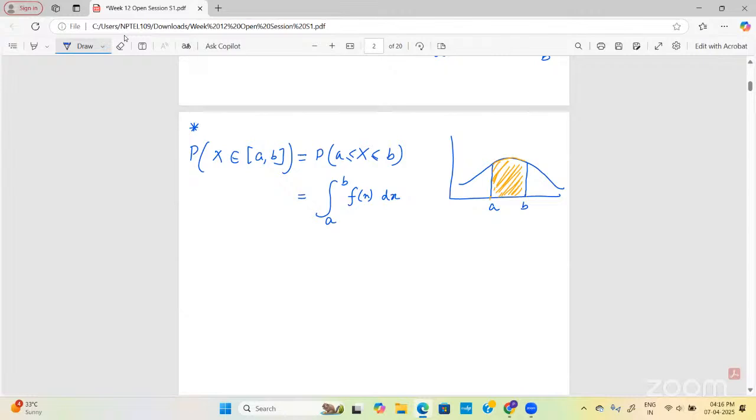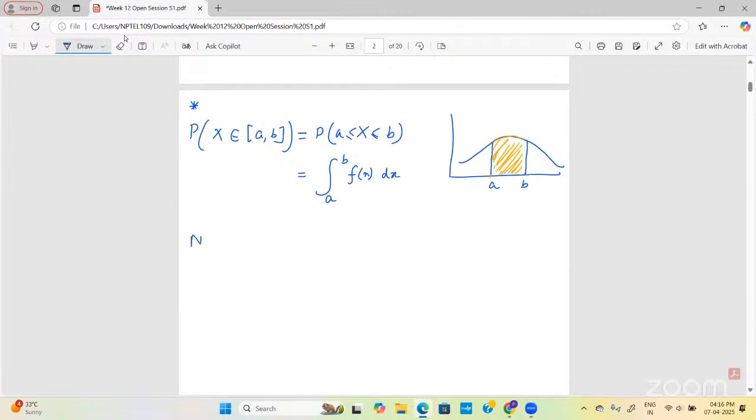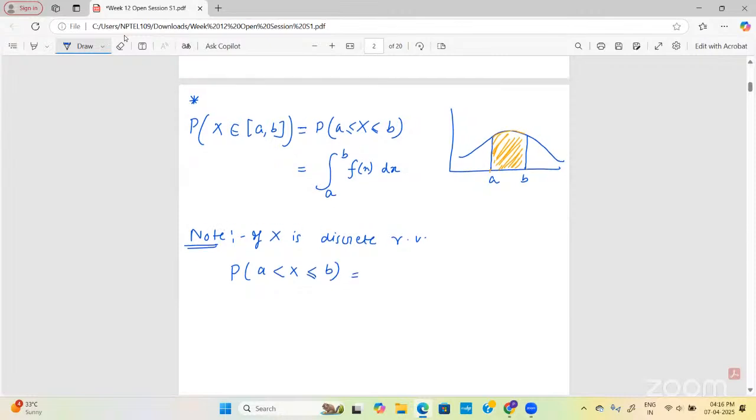And you can remember this thing, that if x is a discrete random variable, then we write the probability that a is less than or equal to x is less than or equal to b.